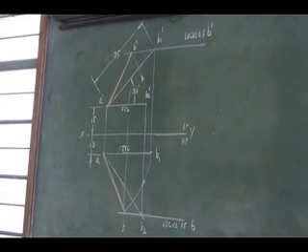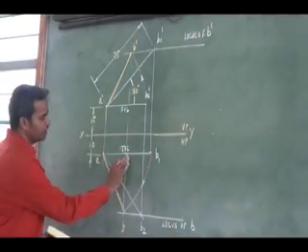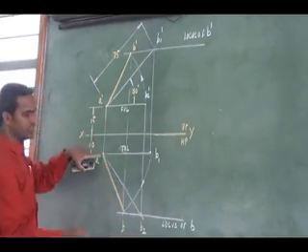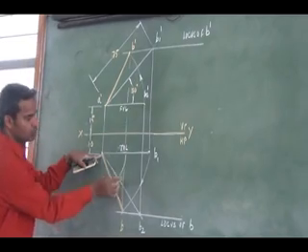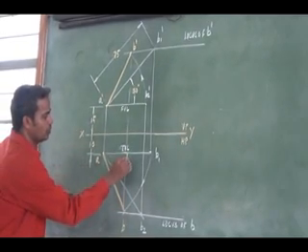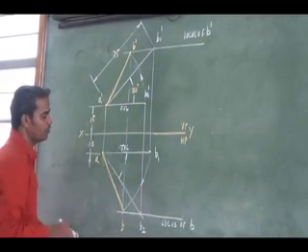Then, whatever data is marked, 40 degree is not marked. I have to mark 40 degree carefully, using this as center, using the compass, draw an arc to the true length line. So this is my 40 degree.